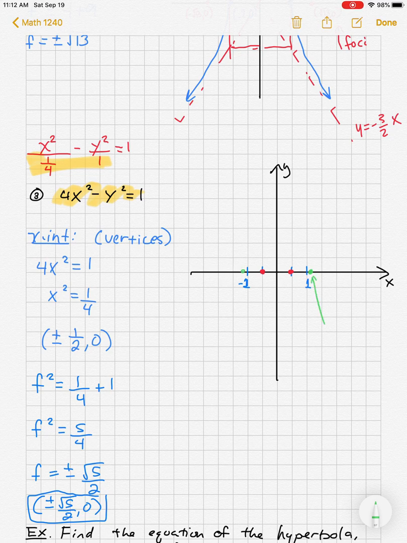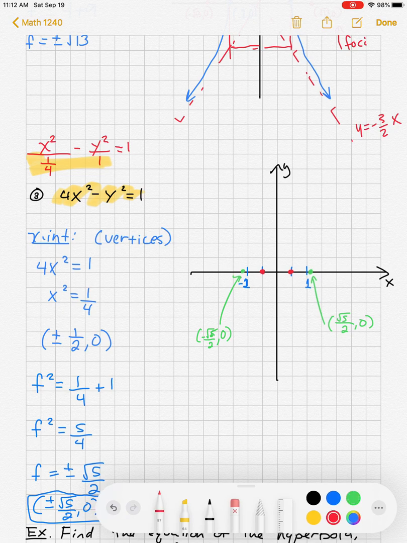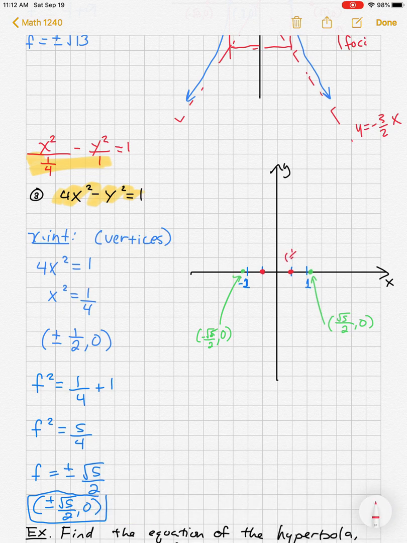Can label these. Root 5 over 2, 0. Negative root 5 over 2, 0. And this is, of course, a half, 0. Negative a half, 0.